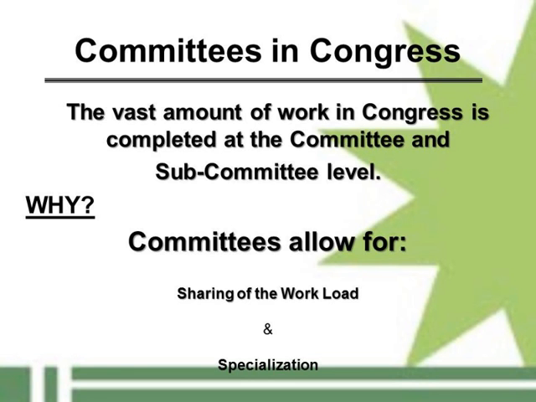So while we have this committee that deals with agriculture in general, we take that committee and we break it down into smaller subcommittees. So people who come from districts that do a lot of ethanol production can be on the subcommittee that deals with ethanol issues.